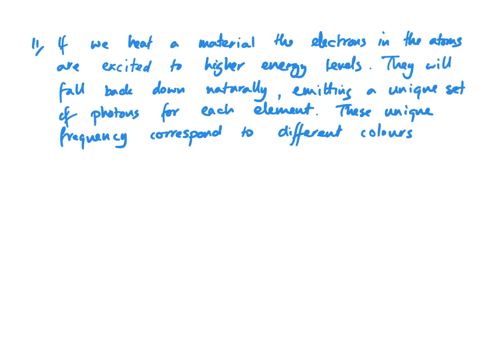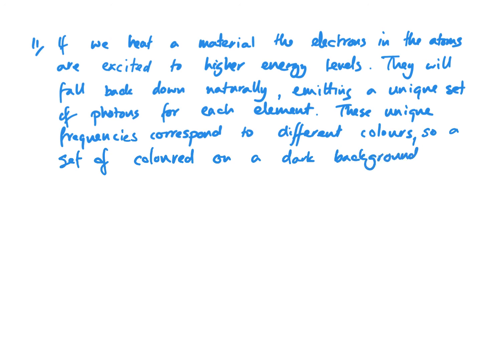So if you look at them through a spectrometer, a set of coloured lines on a dark background is produced. If you're looking at it through a spectrometer, if not, what you see are just the colours that go with each element. If you think about the flame tests that you've done in chemistry, that's what you're seeing, all the different colours blended together. But through a spectrometer you see them separated out.